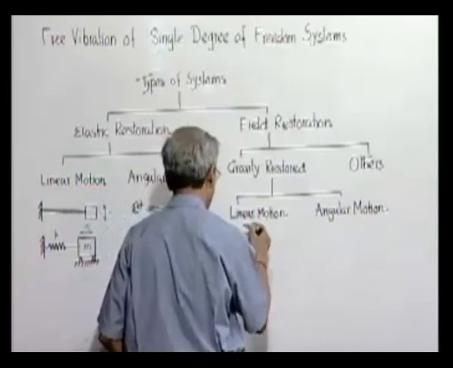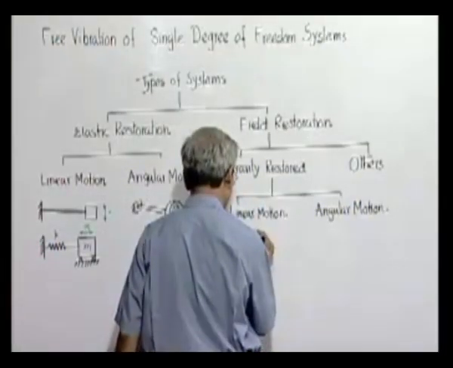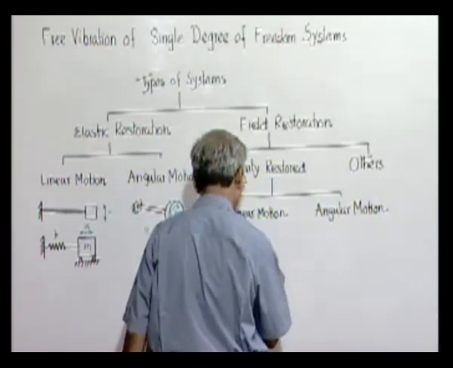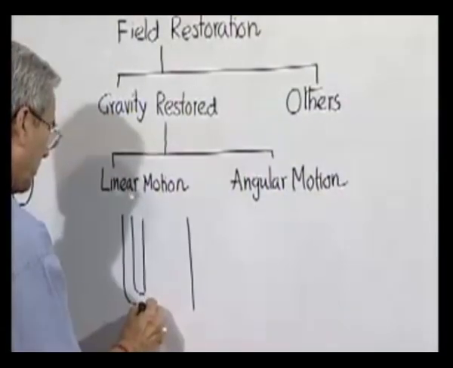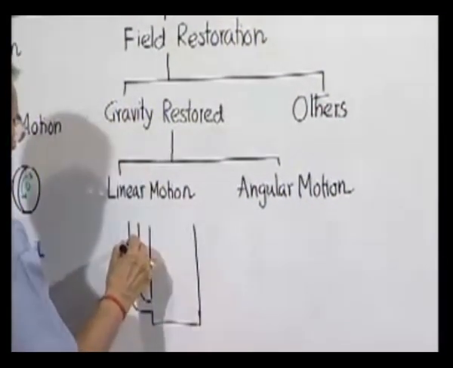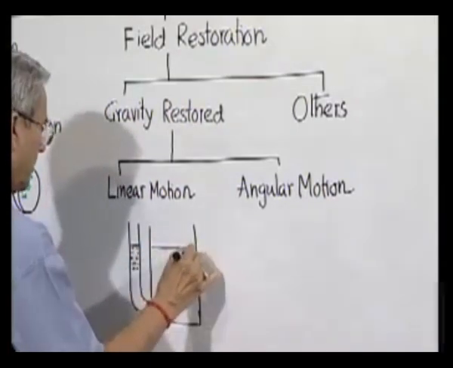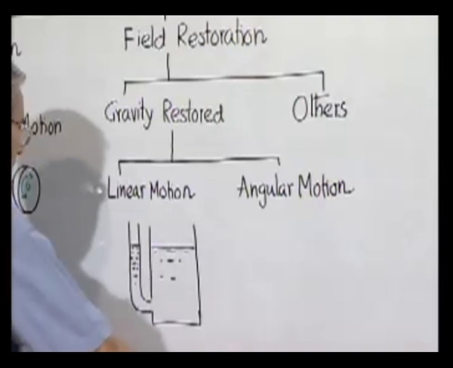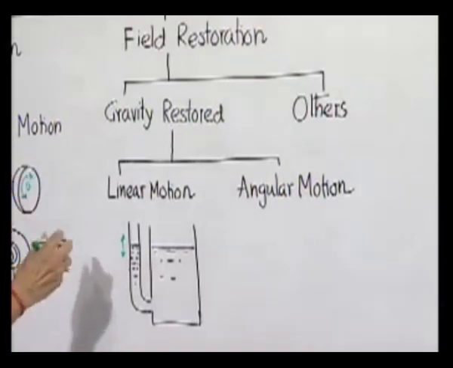So here again you will find, if you take for example a tube, here there is some kind of a fluid. If we depress the fluid level a little bit, we will find that it will oscillate after we leave it.